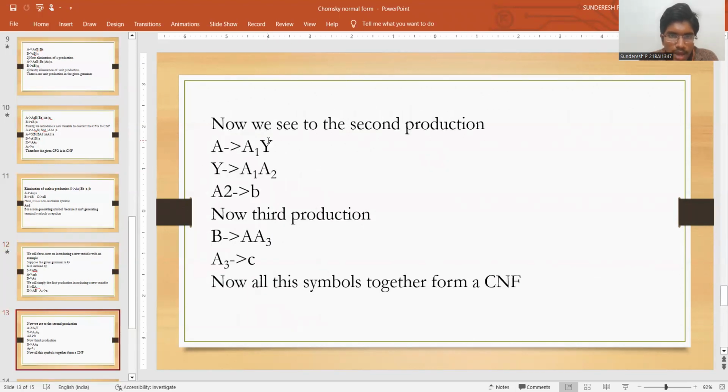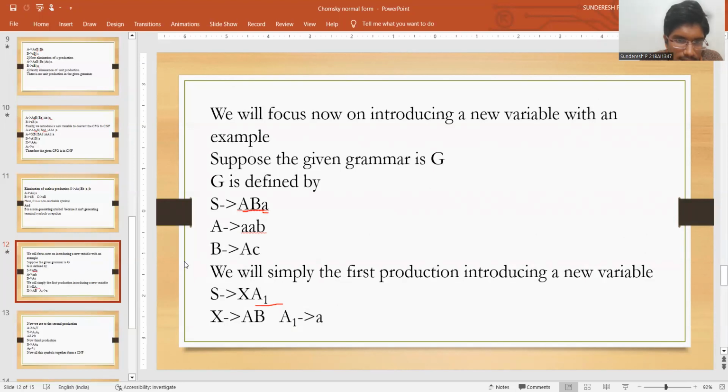And now we have to look at the second production. We have replaced the last two symbols. Firstly, we have to convert this to a set of non-terminal symbols, that is A tends to A1, A1, and A2.